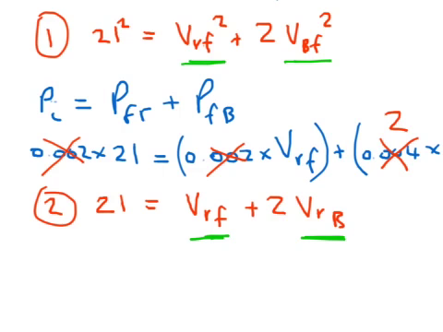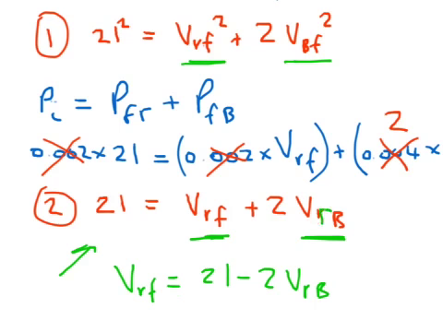I'll start that off, but I'm not going to finish it. I'm going to rearrange equation 2 to be VRF equals 21 minus 2VBF.